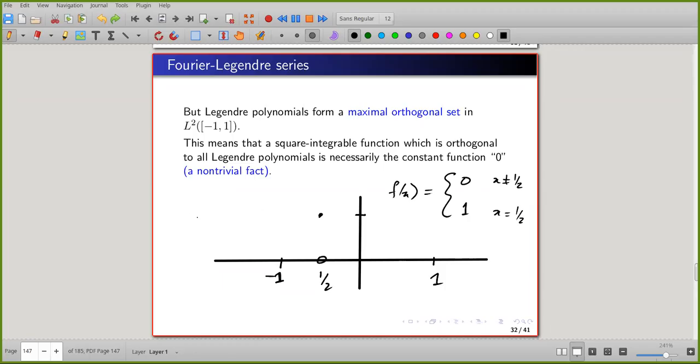Right? So now let's take f of x on this interval -1, 1. And now let's just integrate from -1 to 1 f of x times pk of x dx. So obviously this integral will be 0, right?